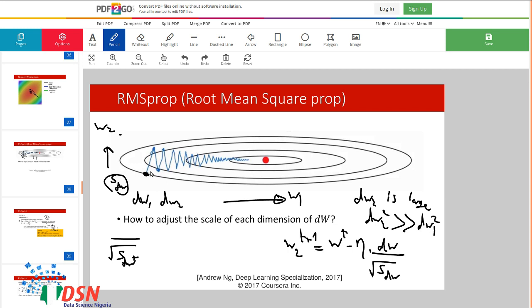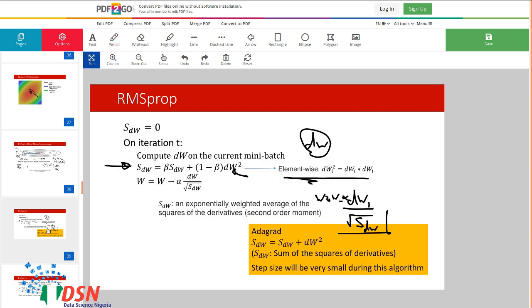So in this case we probably have this step, and if we continue that, we have something like this, and this is what we desire. When we have large jittering in a direction, then RMS prop scales it and dampens it down, so the problem now could be solved.